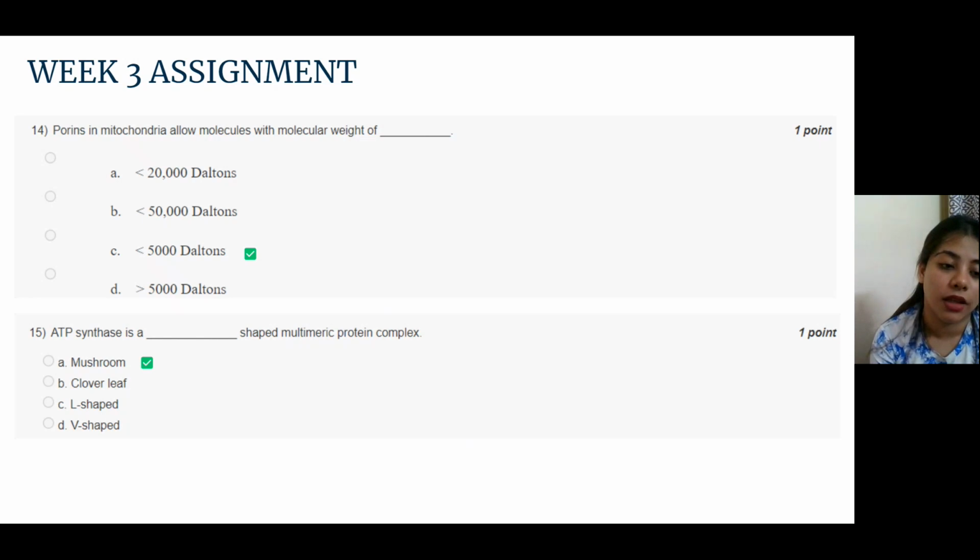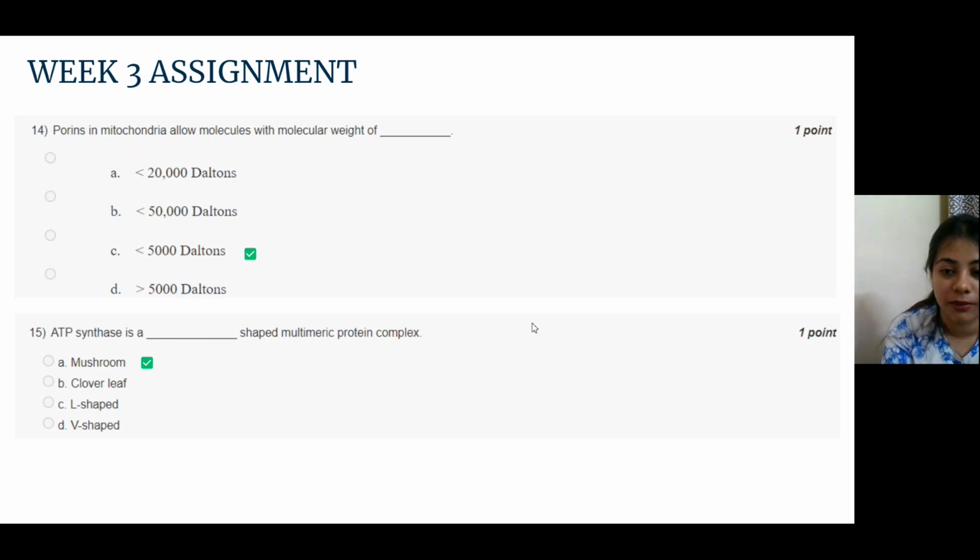And L and V shaped are usually associated with the chromosomal structures seen during anaphase when sister chromatids are being taken to the opposite poles. So none of these are the correct options here, and the appropriate option is the mushroom shaped multimeric protein complex. So that's what we see here.